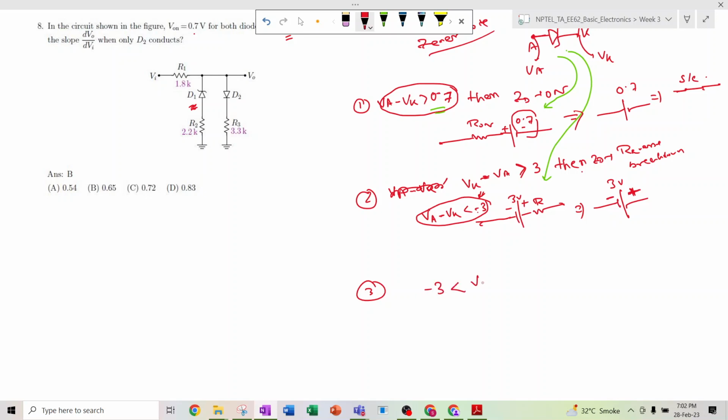If it falls in the region of -3 volt to 0.7 volt, then it is in the off condition. The off resistance is very high, so you can write it as an open circuit.